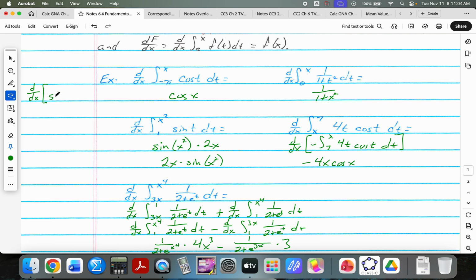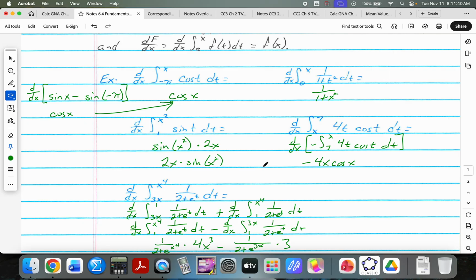So this would be the derivative with respect to x of sine of x minus the sine of negative pi, right? And then when I take the derivative with respect to x, the derivative of sine is cosine of x. And the derivative of this, which is a constant, and it doesn't matter if you don't remember your unit circle well enough to remember that it's 0 anyway, but that's going to be 0.